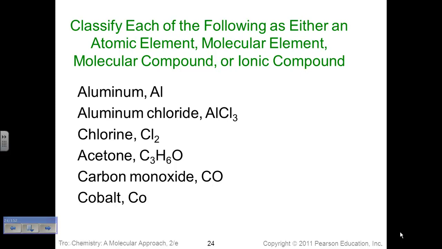Molecular elements are when elements of the same type are bonded together. Molecular compounds have two or more nonmetals of a different variety of atom bonded together. An ionic compound is metal to nonmetal hooked by electrostatic charge. Pause the video and write down your guess and come back and check when ready.